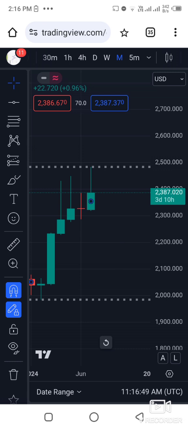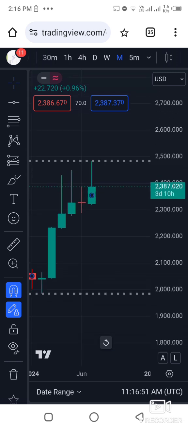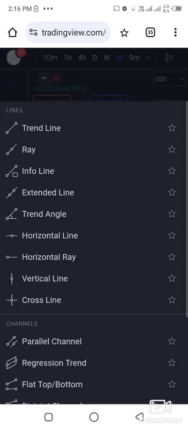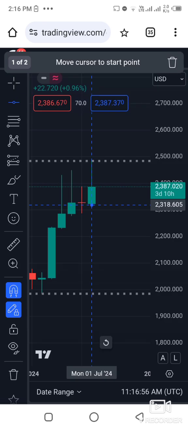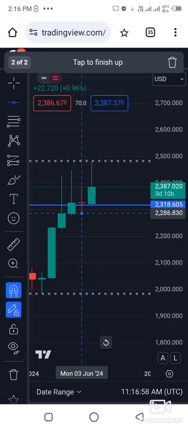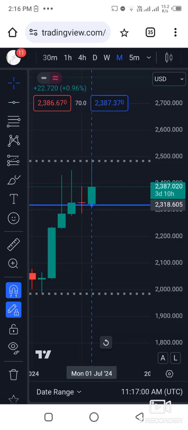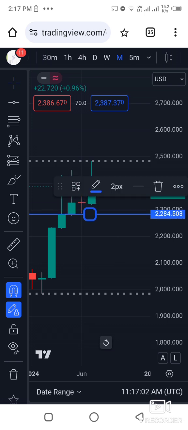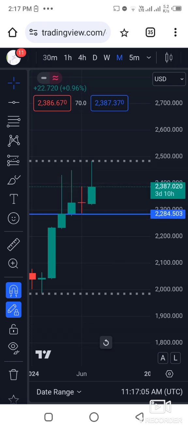This candle here, the one I've just labeled, tells you that the market can go to either side. So it's good to always begin your analysis from the monthly.